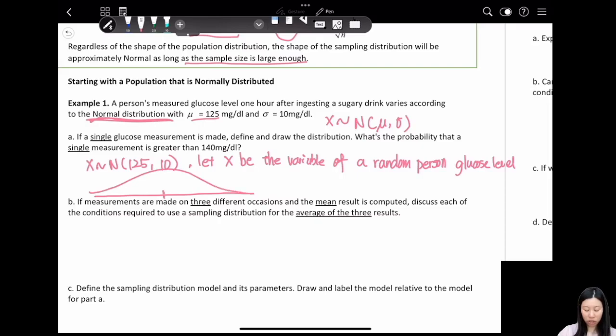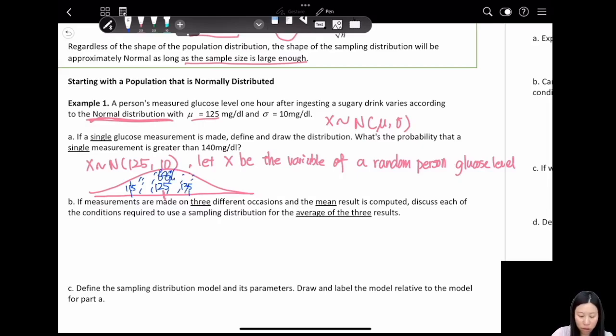The center is the mean, which is 125, and then within one standard deviation, plus or minus 10, which is 135 and 115, that takes up what? 68% of the area of this bell-shaped curve, right? This should be 68%.